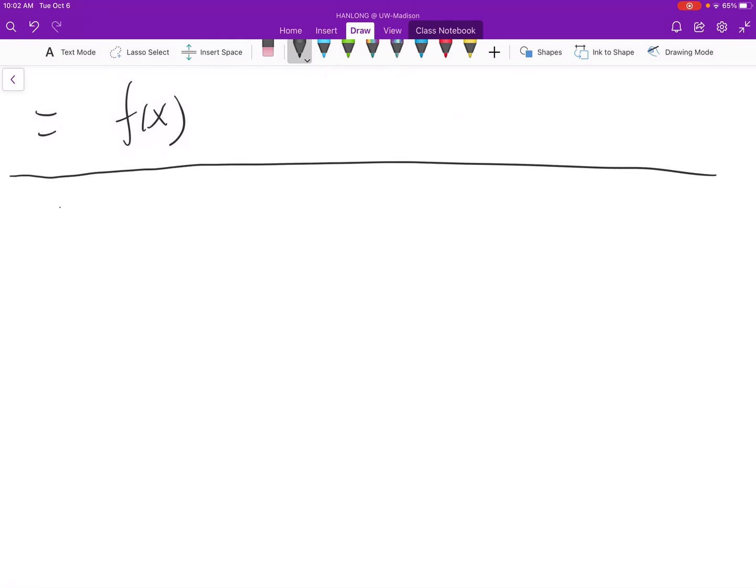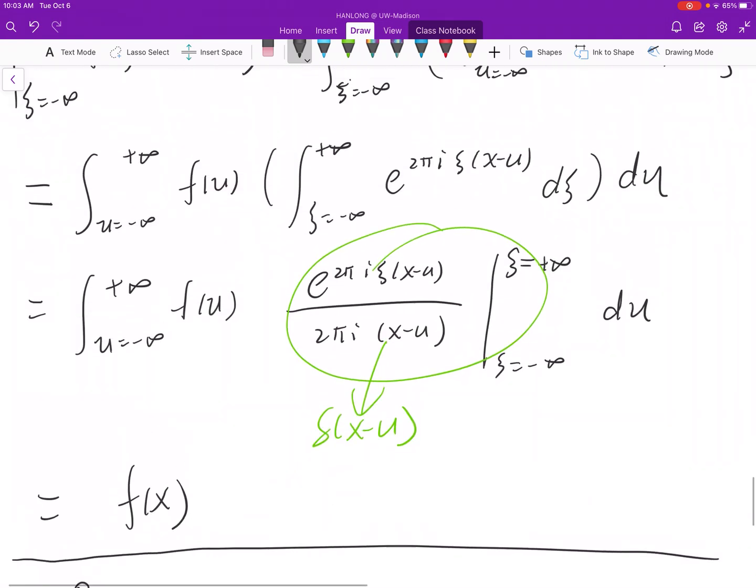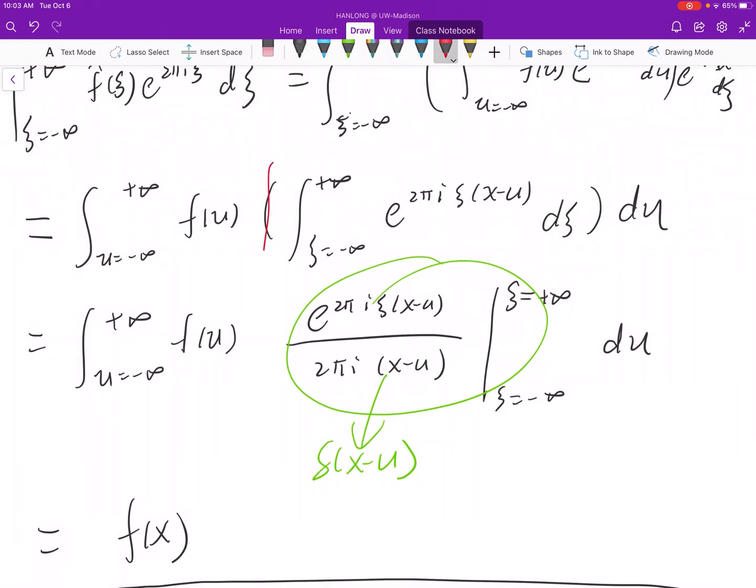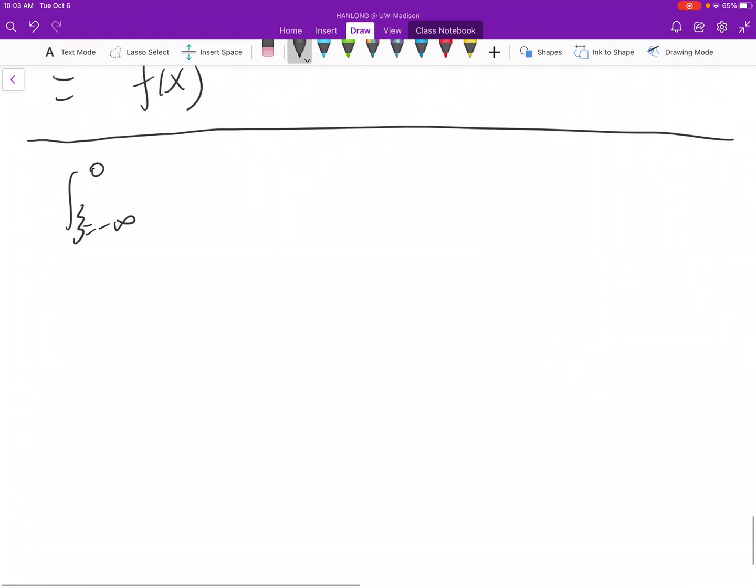Suppose we split the integral into two parts, the green part and the red part. Look at this half, the integral of exponential 2πiξ(x−u) dξ, and you shift u a little bit up to u plus ib.